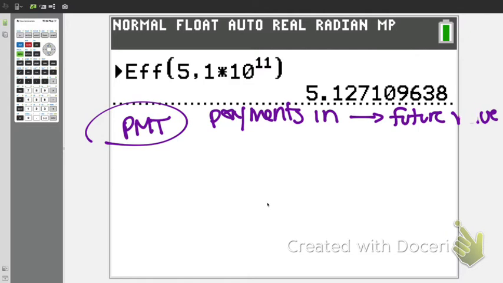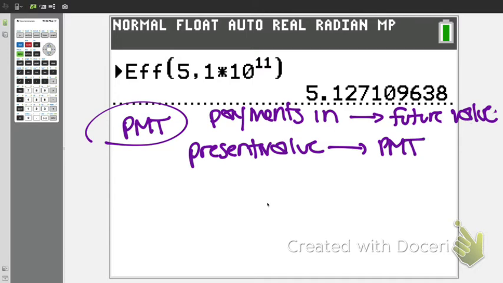Or, if you're investing in at the beginning, you will have a present value, and you will get payments out. But, technology hates me today. This will be a funny recording now. Great, there it is. It showed up now.